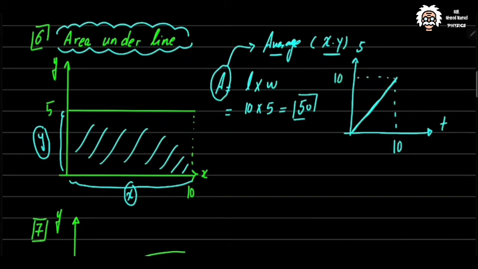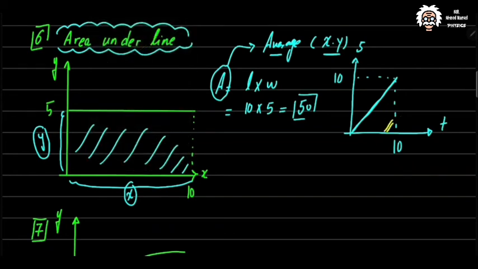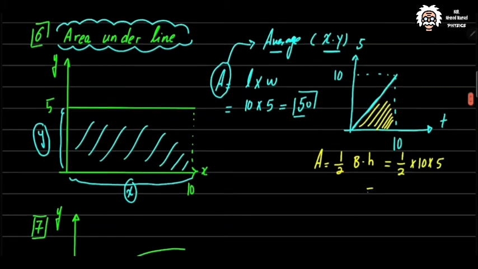At first, we need to calculate the area under the line. If we determine this shape, it will be a triangle. So we can say that the area will be equal to half the base times the height, which will give us half times 10 times 5. If we calculate it, it will give us 25.